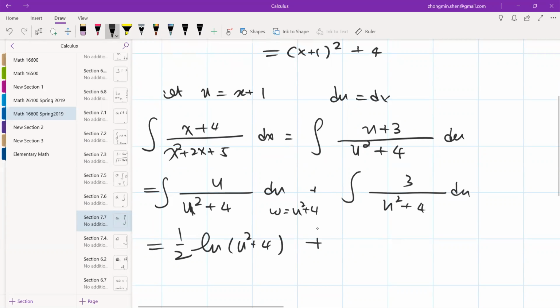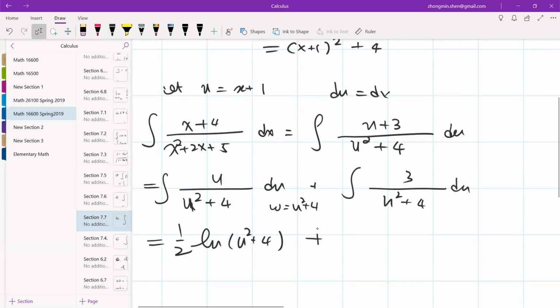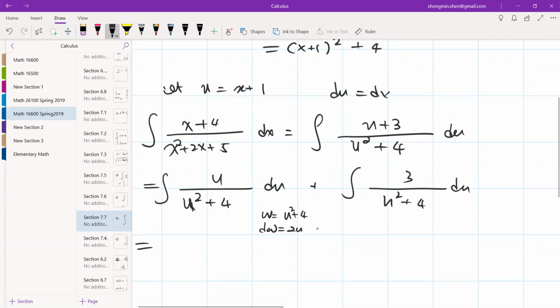The second part, we still have to find, it's a constant here, right? So maybe let me do all the substitutions step by step. Both use different substitutions. Okay, so for this one you get w equals u squared plus 4. So dw equals 2u du.